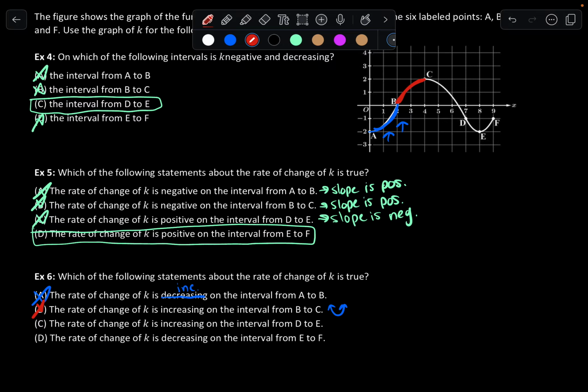Part C says the rate of change of k is increasing on the interval from D to E. So again, we want to see concave up because the rate of change is increasing, and we do see that. So from D to E, it is concave up, so we're going to go ahead and choose that. Part D says the rate of change of k is decreasing on the interval from E to F, which is not true because from D to F, it's concave up.